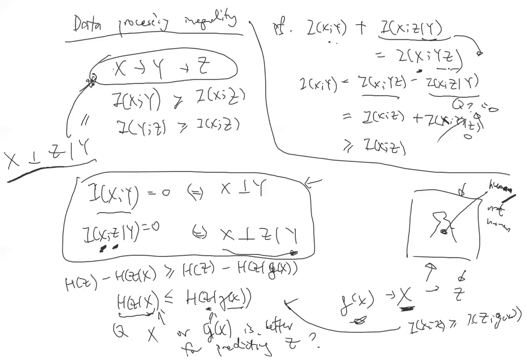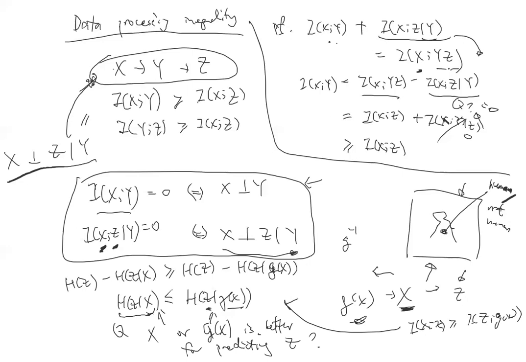So an interesting implication is that if you're not careful, every time, of course, in general, if this process is invertible, for example, if G inverse exists, like from X I process into g(X).